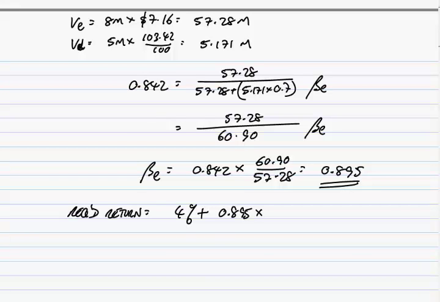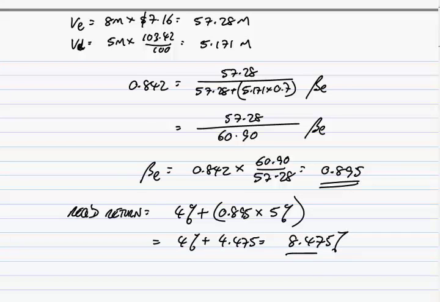It says the average equity risk premium is 5%, so the market is giving 5% more. If the market had been giving 5, the premium would have been 5 minus 4. So 4% plus 4.475 giving 8.475%.